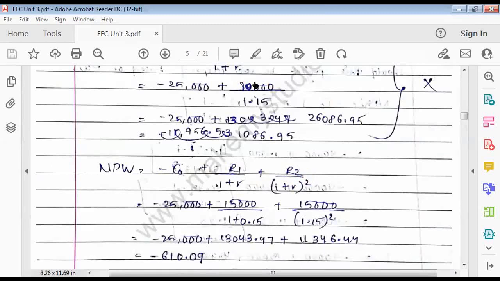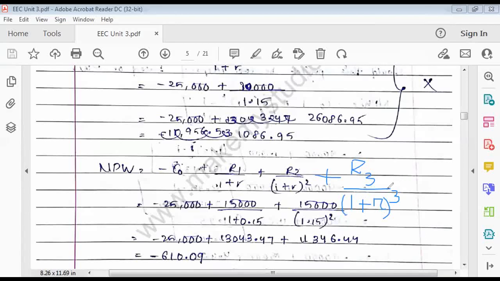Had there been a third year, you would have added R3 by (1 plus r) whole to the power 3. Correct? So that way, it will continue till infinity, depending on the number of years.